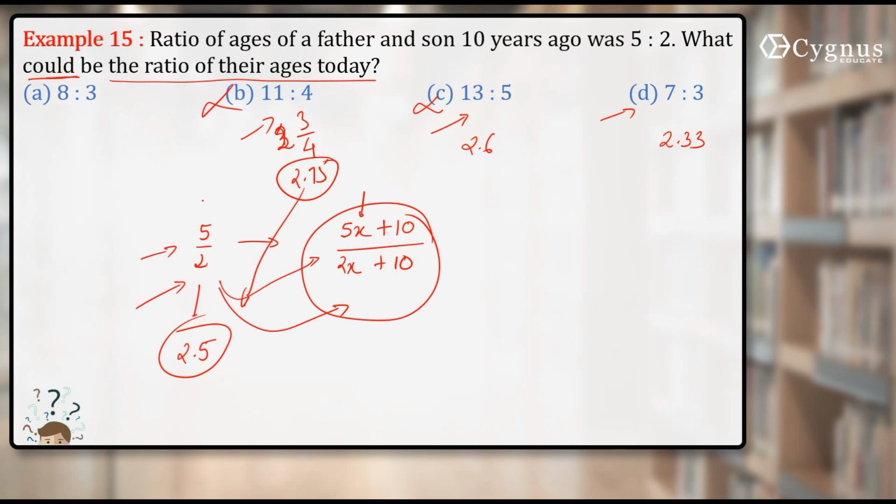Again, this is not possible. What about 8 by 3? 8 by 3 is 2.666, which is also more than 2.5. And we know that the ratio should decrease. So only one option will satisfy this condition, that is 7 is to 3. Yes or no? It's a very important property. Normally, it does not strike you whenever the question comes across. Fine.